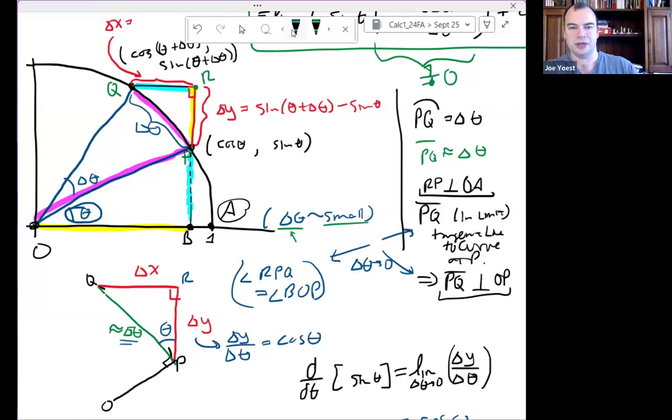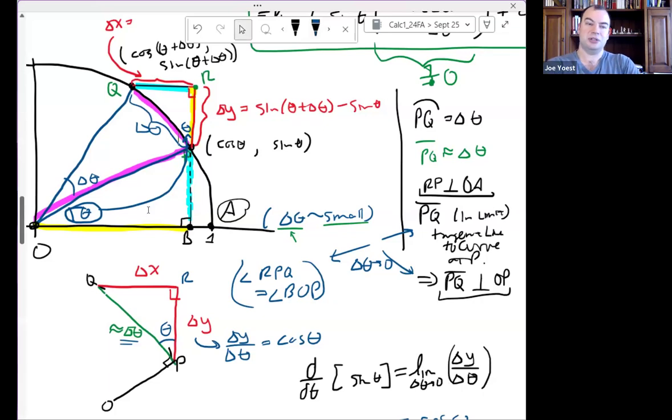And of course, we have a 90-degree angle here. So rotating around, we see that this angle theta has got to be there, right?